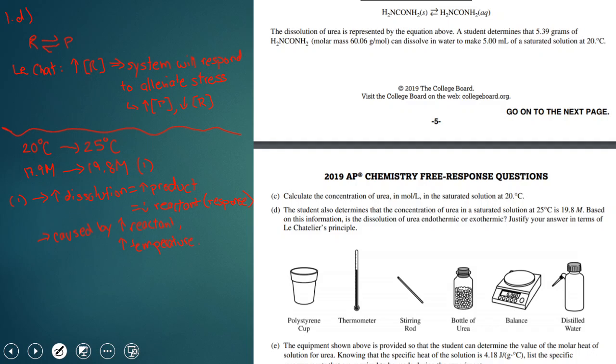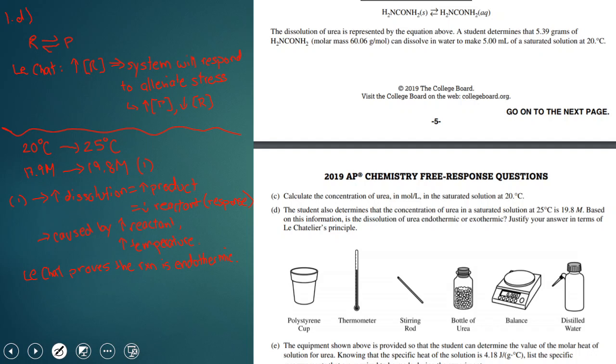And so, using Le Chatelier's, what we can say is that Le Chatelier's proves the reaction is endothermic. Why? Well, you just go backwards.